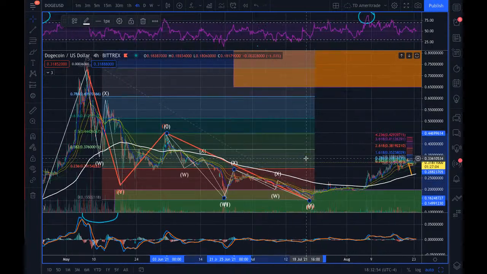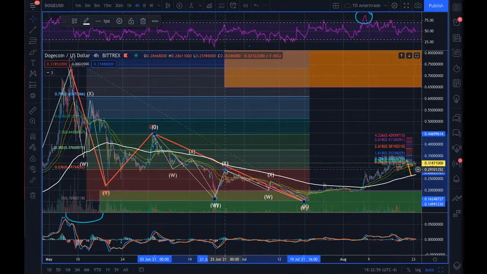Because I've been saying since way back here, around this wave right here in June, that this was going to come down and then make another wave up again to at least 28, 29 cents, because that was the top of this wave, and I was expecting a wave at least back up to the top.